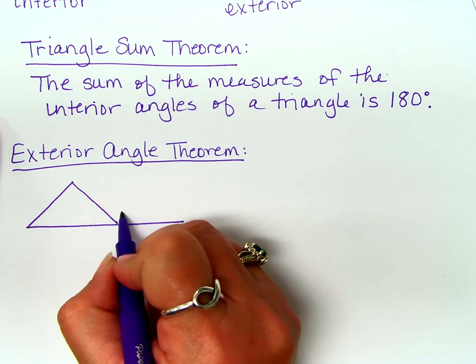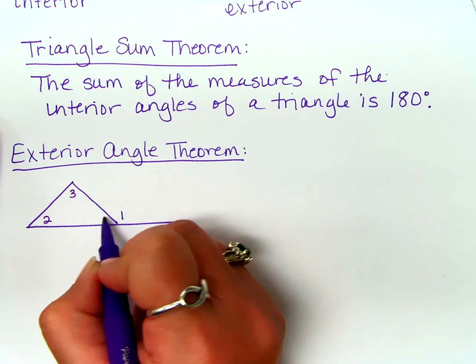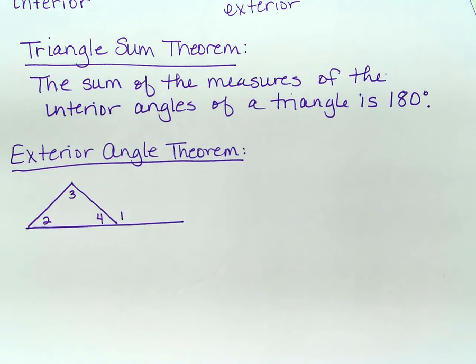I'm going to call this angle 1, angle 2, angle 3, and angle 4. So tell me right now, based on the last theorem, what do you know about angles 2, 3, and 4? They equal 180, right? Because they're interior angles.